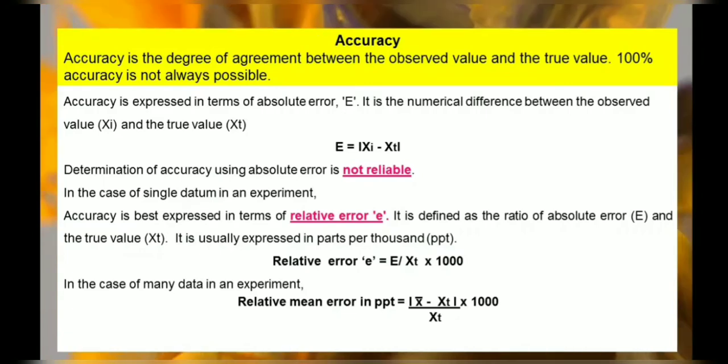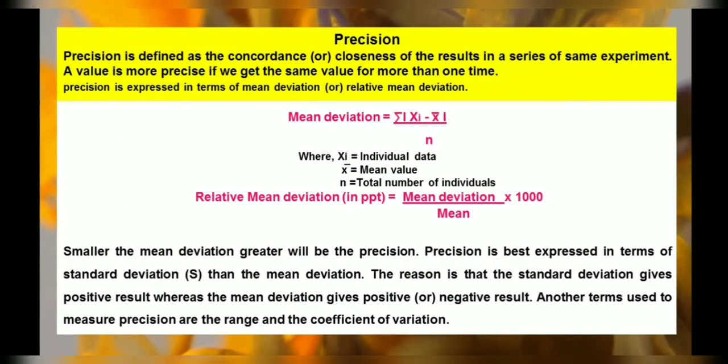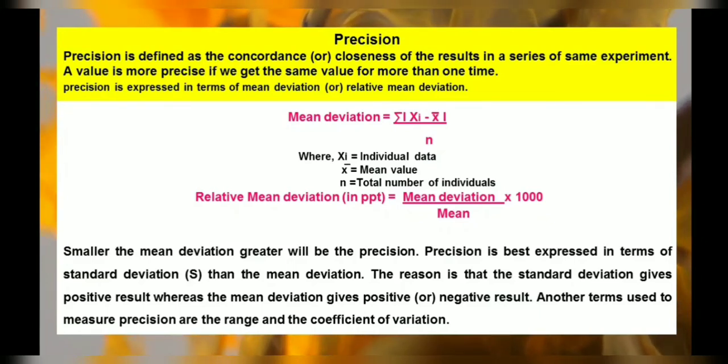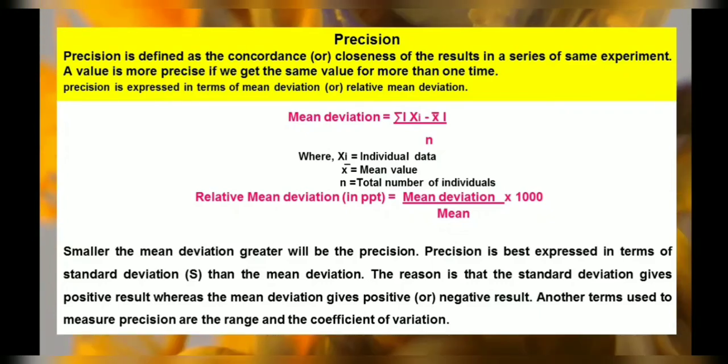Next, precision. It is defined as the concordance or closeness of the results in a series of the same experiment. A value is more precise if we get the same value more than one time. Precision is expressed in terms of mean deviation or relative mean deviation. You know all those formulas.